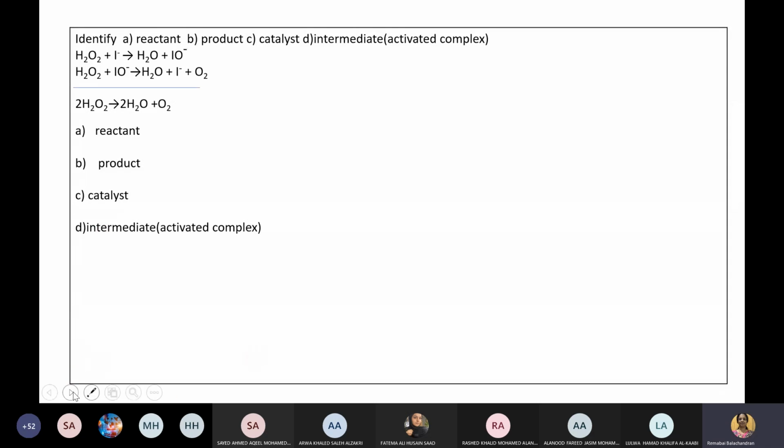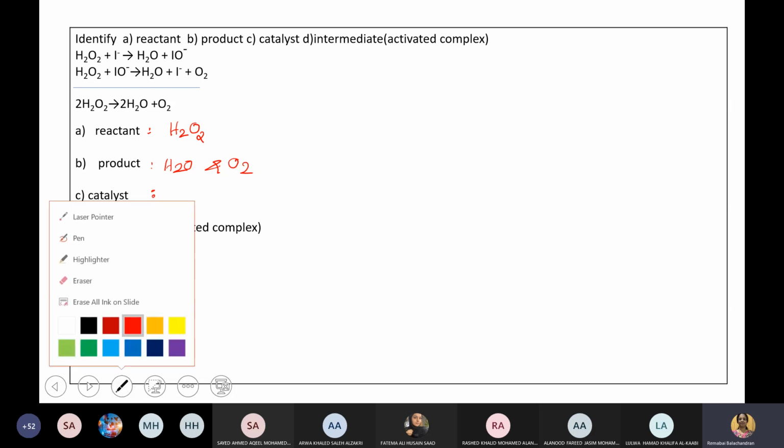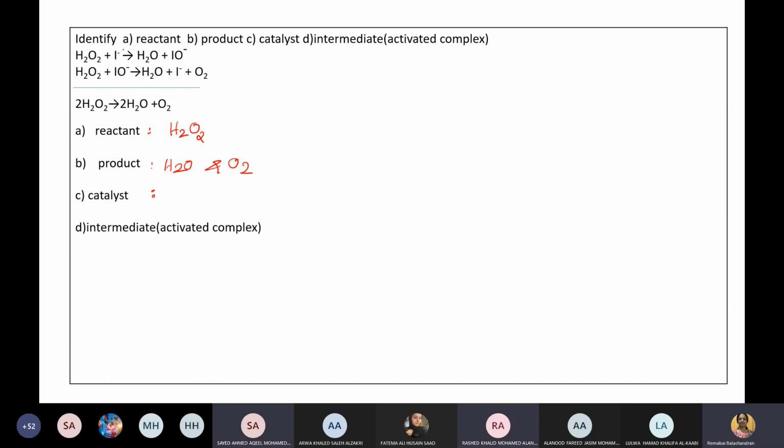Tell me, what are the reactants and products? Reactant is H2O2. You said correctly. Product also you said, H2O and O2. Now tell me, the catalyst. We have two things you are getting confused with: I minus or IO minus. Catalyst is the one which you add with the reactants, and with the products you get the catalyst back. Here we are adding and here you are getting.